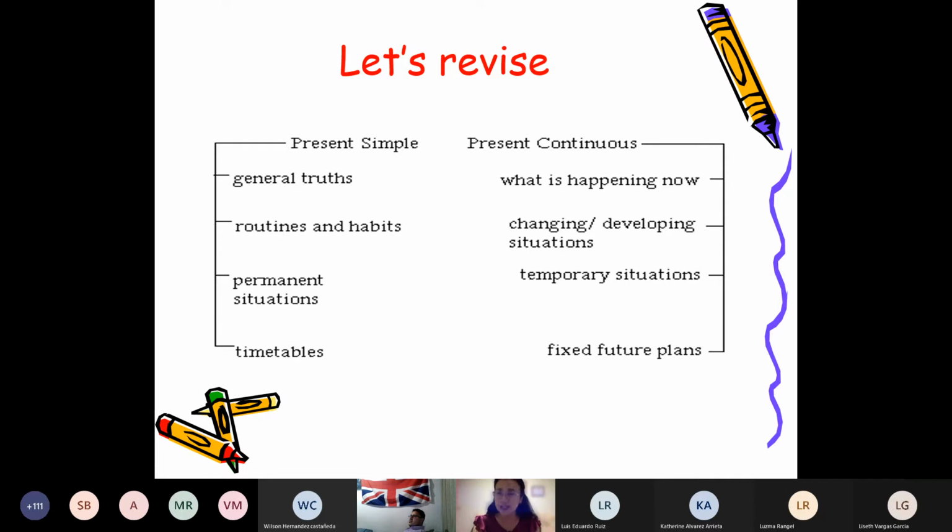I am working tomorrow. That is a fixed future plan. I am working tomorrow from 8 to 3 p.m. I am having a meeting, ¿no? Tenemos una reunión. That's a fixed future arrangement. I am having a meeting tomorrow at 9 a.m., at 11 a.m. Okay, those are future arrangements.